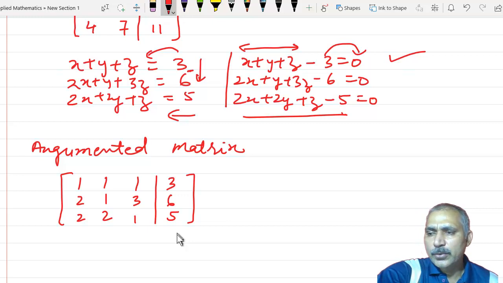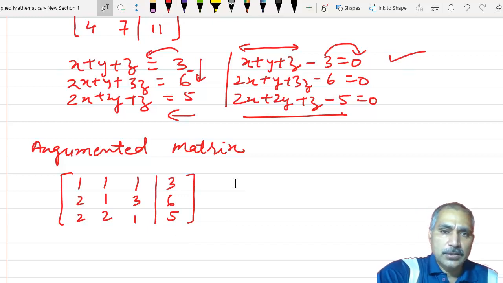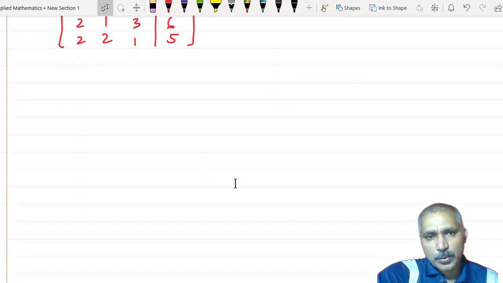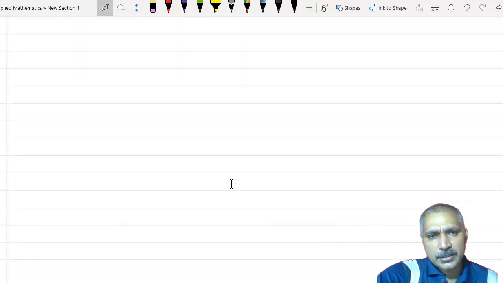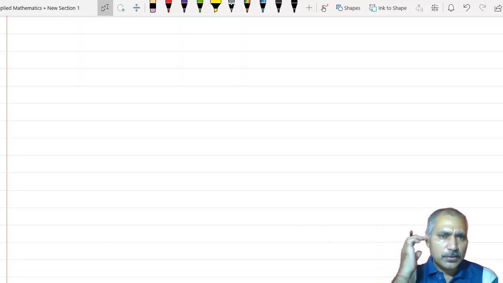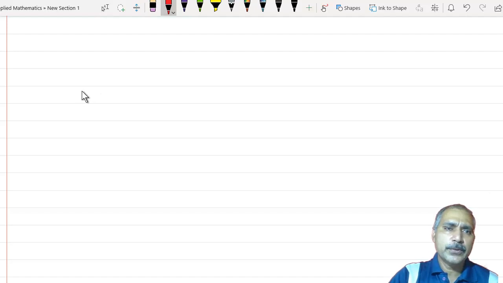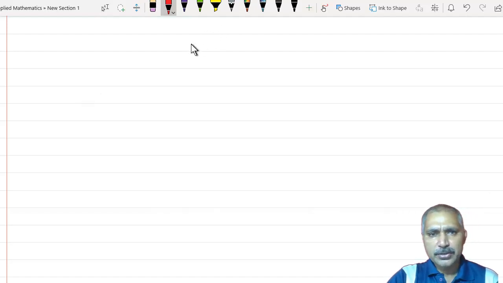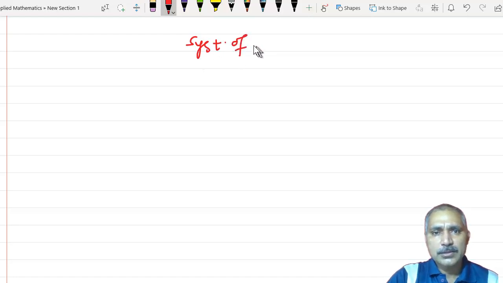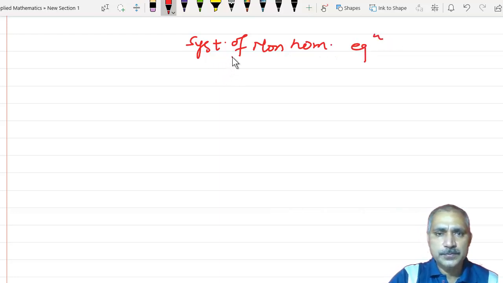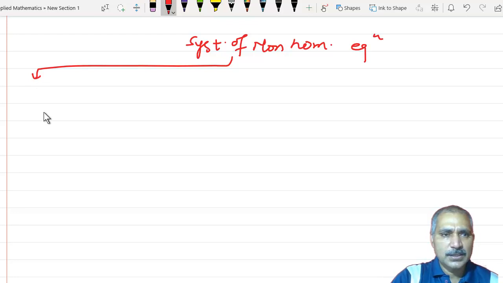Now we will be doing how to find out the solution of system of non-homogeneous equation. There are total 3 types in that. First, I will be giving you the flow chart. System of non-homogeneous equation. When it comes to solving this one, we are having 3 types.